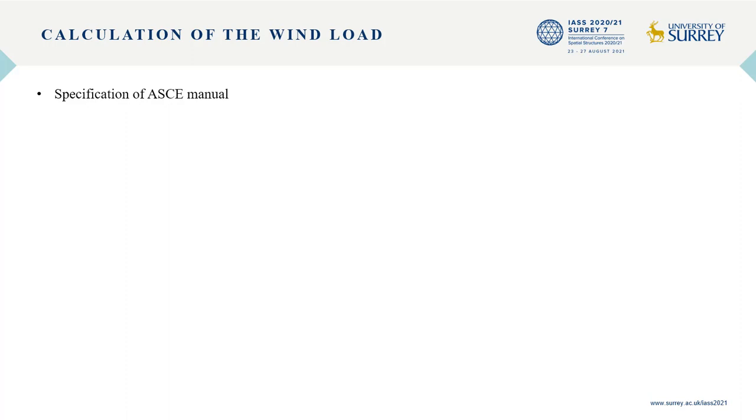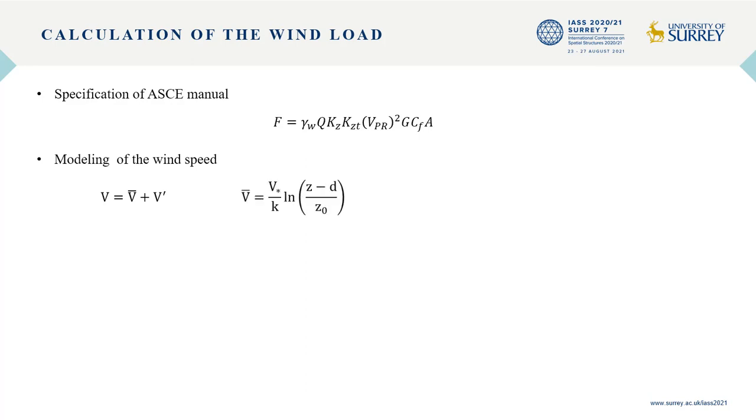The wind loads on the panel points and cable nodes are computed by the formula of guidelines for electrical transmission line structural loading of IASS. Wind speed could be divided into two parts, mean speed and turbulence wind speed. Variation of the mean speed with height is often expressed by logarithmic form.